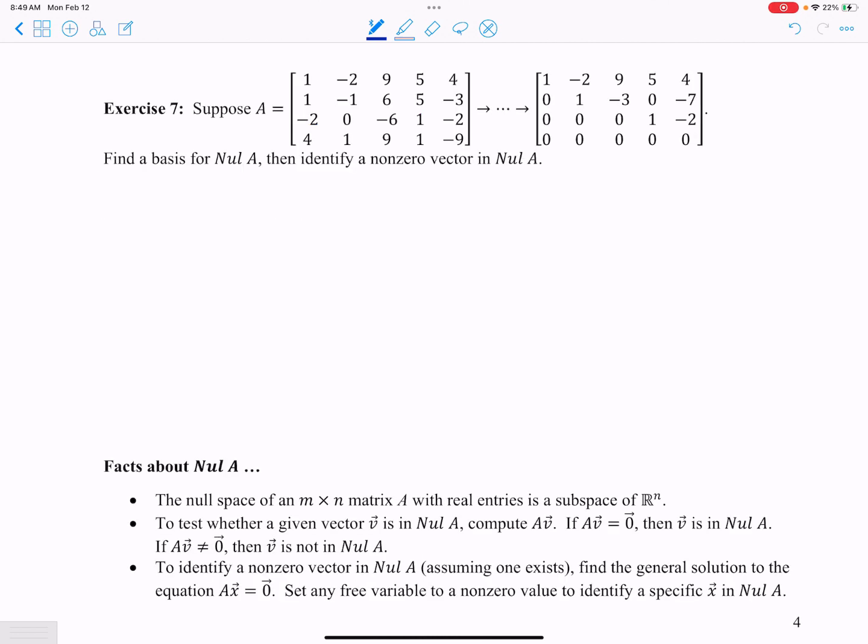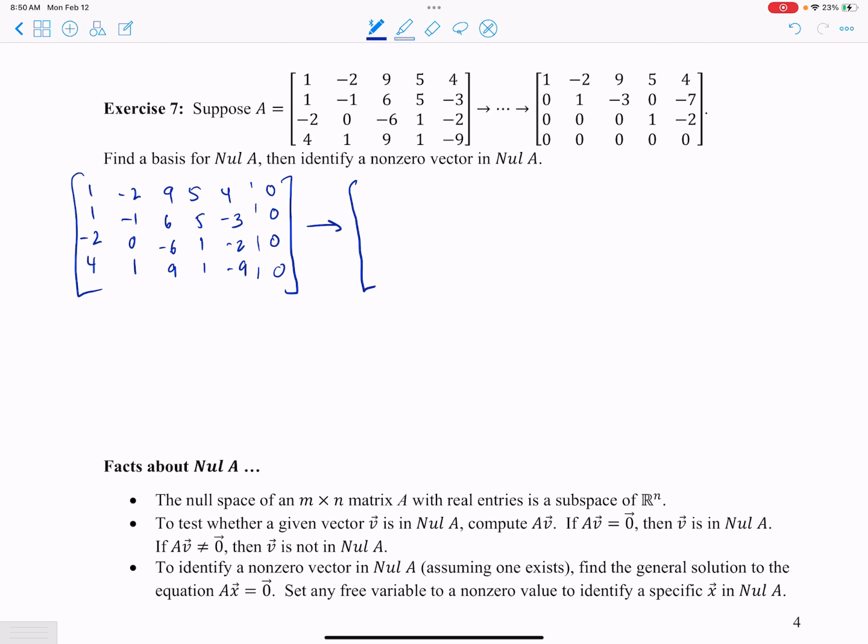Exercise 7 gives you A and a partially reduced A, and it asks you to find the null space, or the basis for the null space, and identify one non-zero vector that's in the null space. So we always know the zero vector is in the null space. It's just a matter of, are there any others? To find the basis for the null space, we're going to augment with zeros.